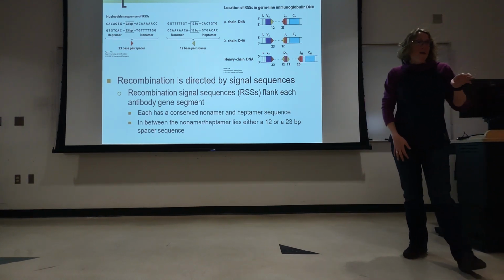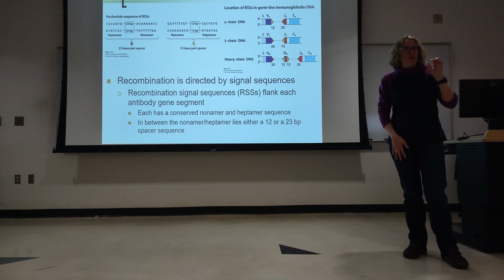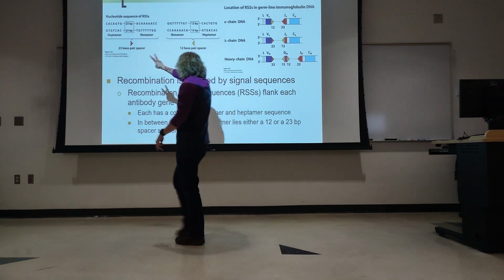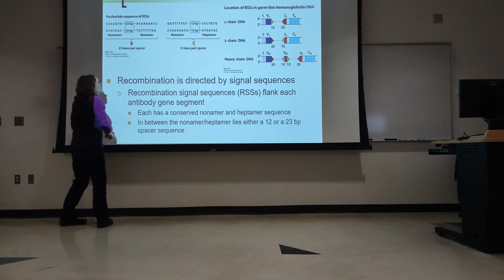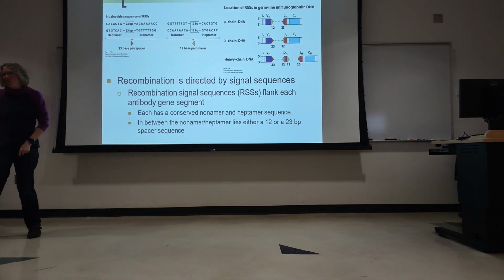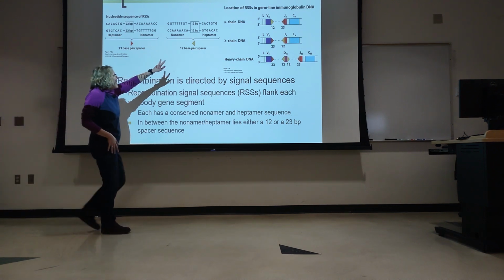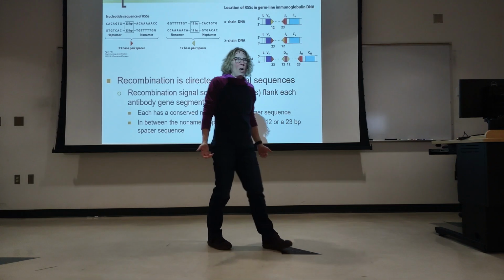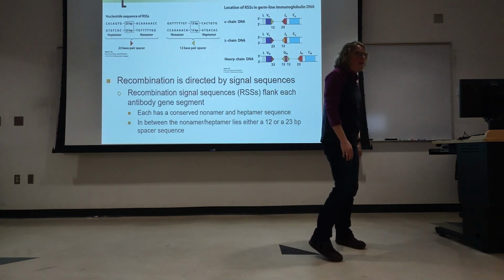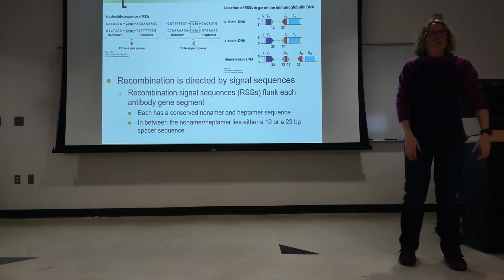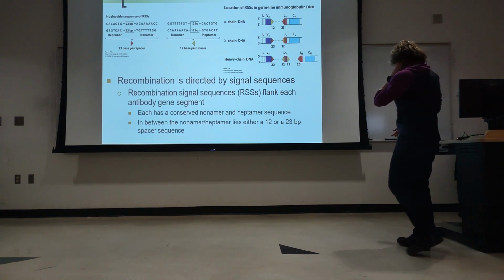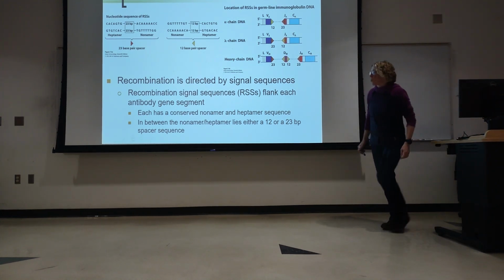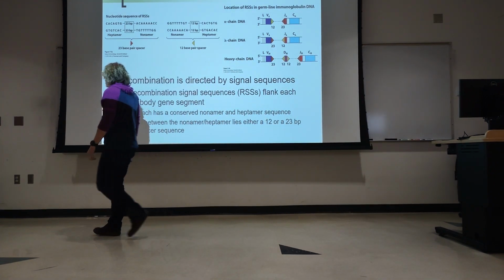This is a molecular biology question, and we're thinking about the structure of DNA. Notice that in between this heptamer nonamer, we have 23 base pairs, and in between this heptamer nonamer, we have 12 base pairs. When we think about the structure of DNA, does anything stand out? I'll make more light so that everybody can see this.